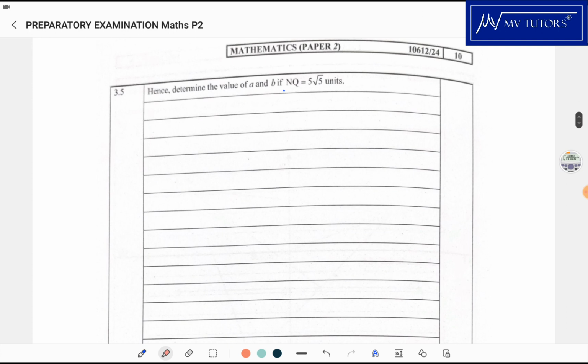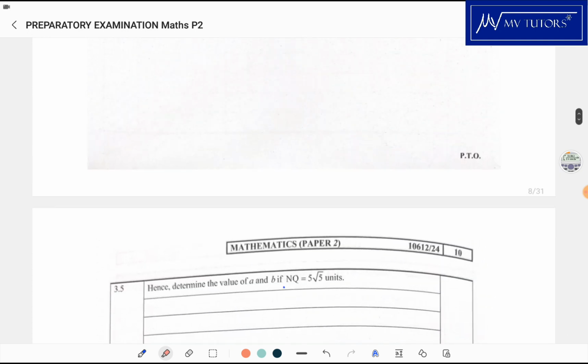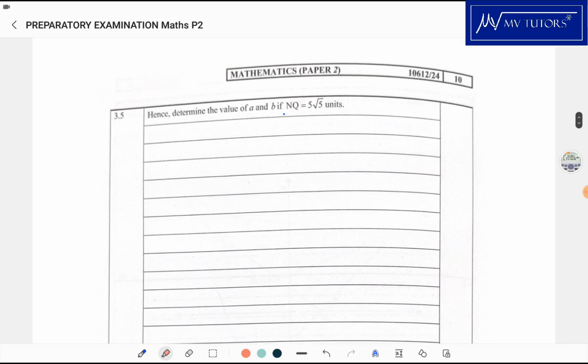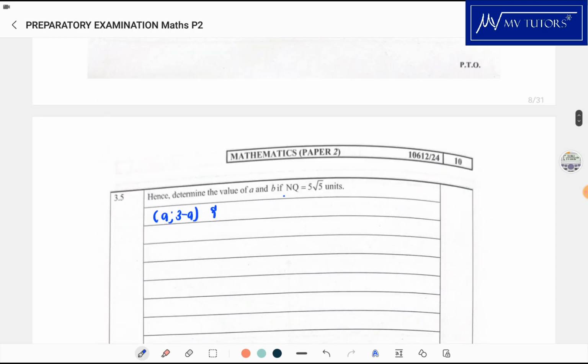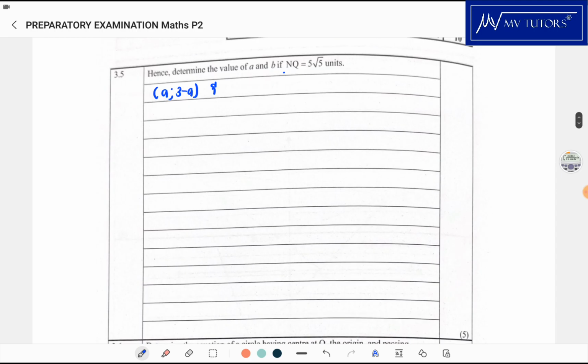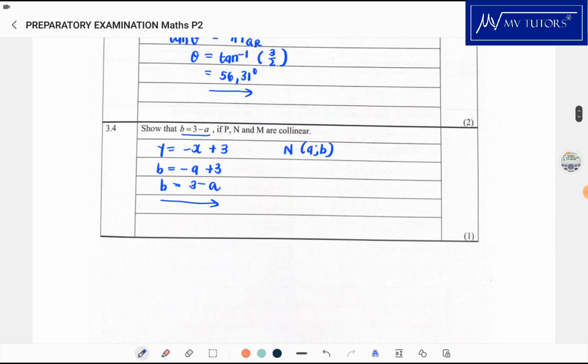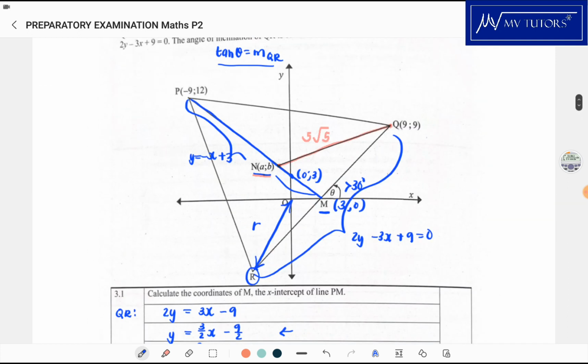Like we said from the previous question, B is 3 minus A. So we have the coordinate A, and B is 3 minus A. And we also have Q. I forgot which one is N and which one is Q, this thing of having to scroll up.